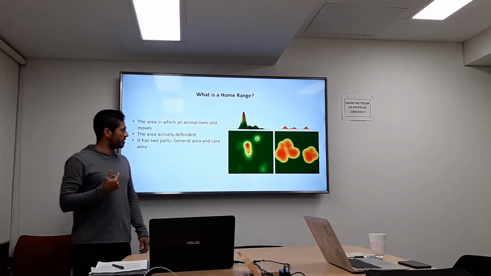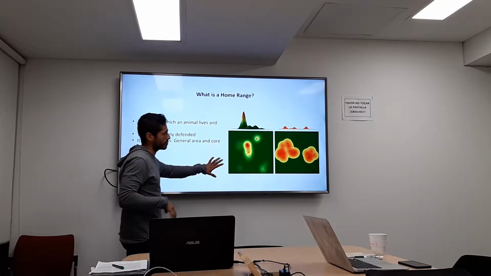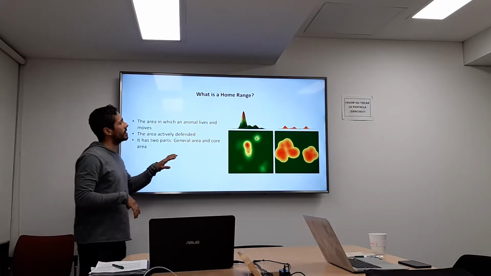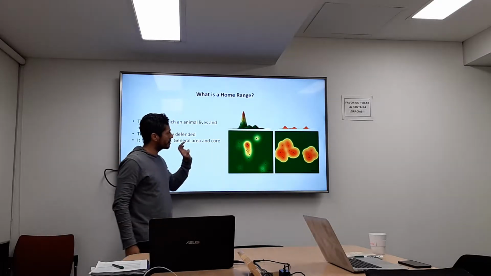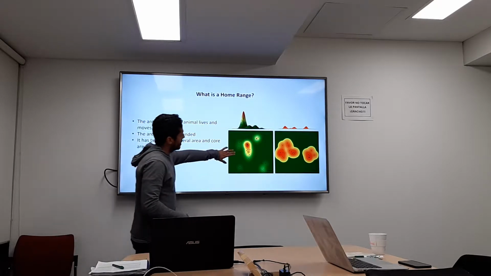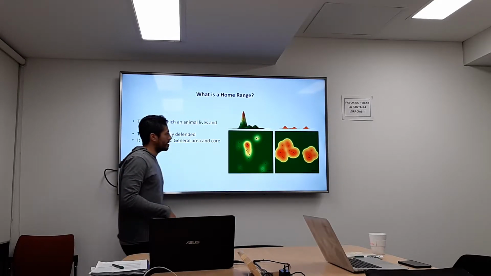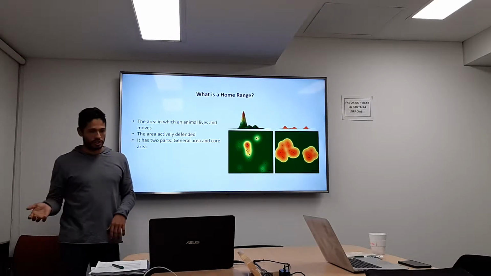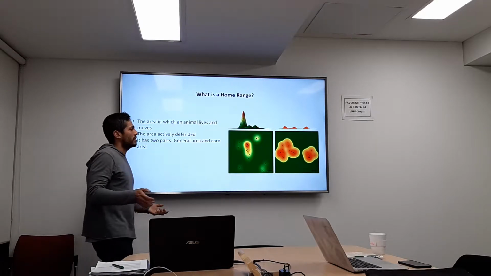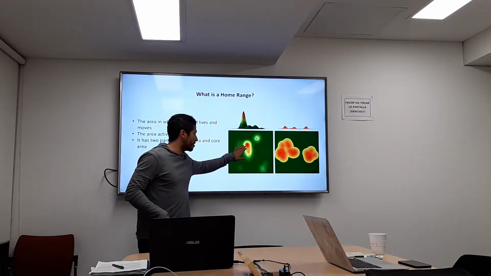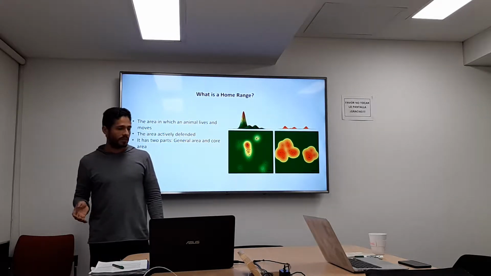So let me use this graphic to explain this. In this graph, the green area represents the forest in which an animal lives, and the yellow area represents the general area of the home range, or all the places visited by an animal, and the red area represents the core area.